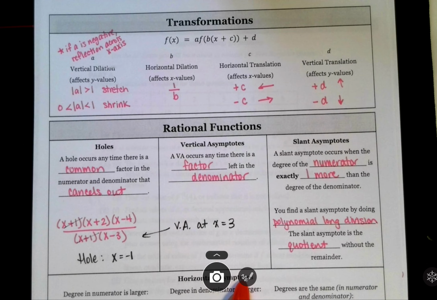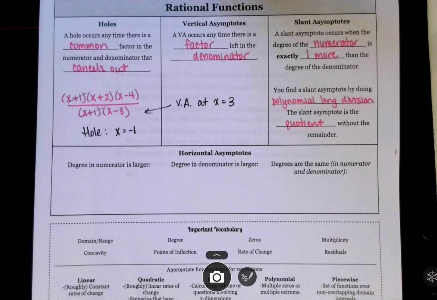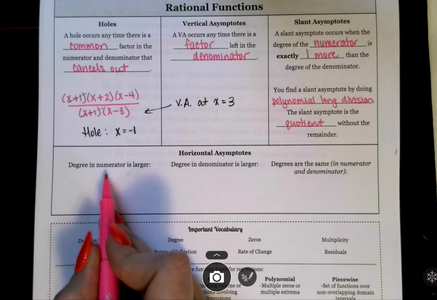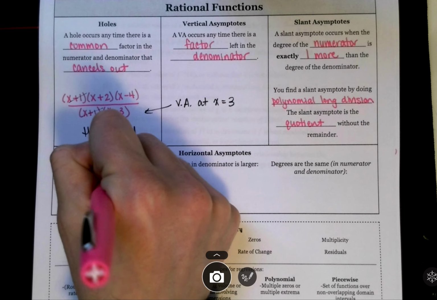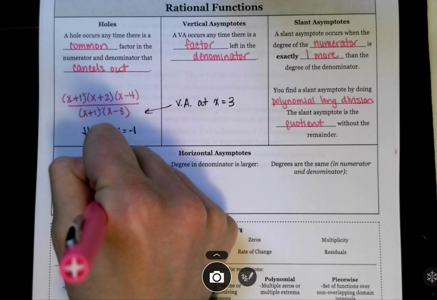For our horizontal asymptotes, there are 3 main ways to find it depending on our degree. So if the degree in our numerator is larger, we have no horizontal asymptote.